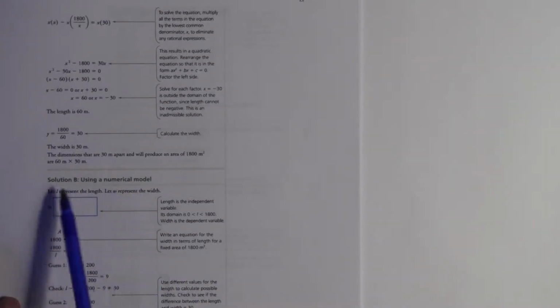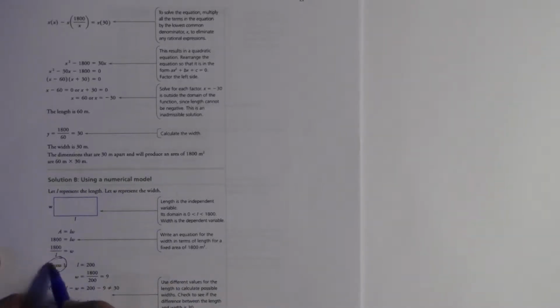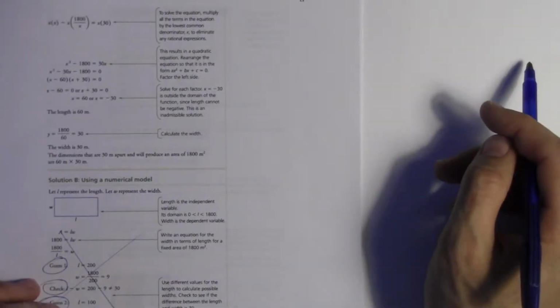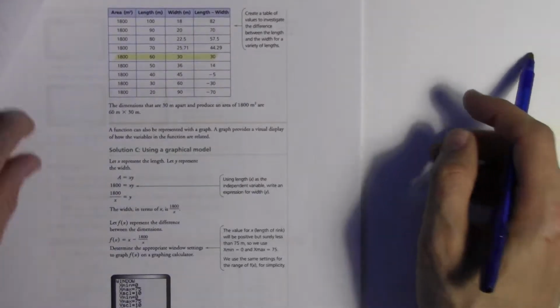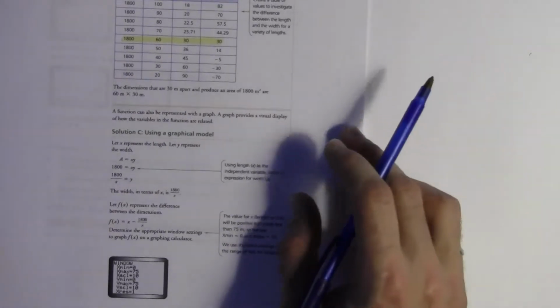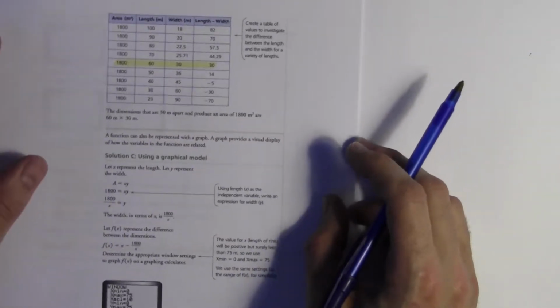So the next method they use is a numerical model. You can see they start guessing here and checking. I don't like that. Okay? So I won't ask you to do that. They end up having to use a table of values to figure this out, which again is not ideal.